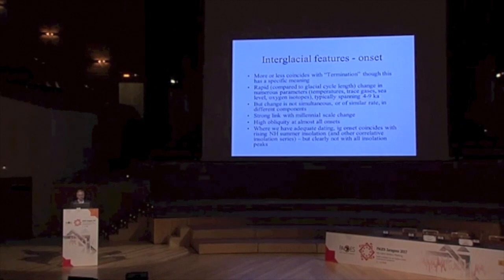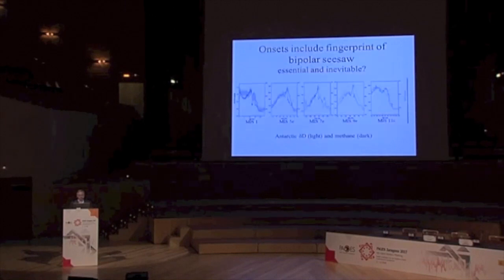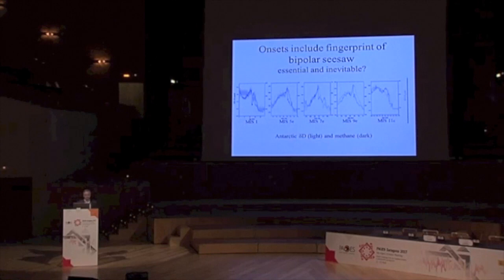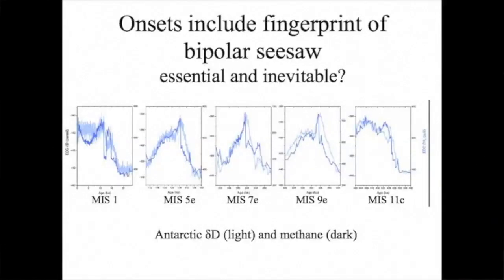I'm going to jump over some of the ideas on this slide and talk briefly about one of the things that has become very apparent over the last few years, since the last Pages meeting probably: the onset of interglacials seems to always include the fingerprint of a bipolar seesaw, a millennial scale change of the kind you see in a Dansgaard-Oeschger event. You can see it here in stage 5e.